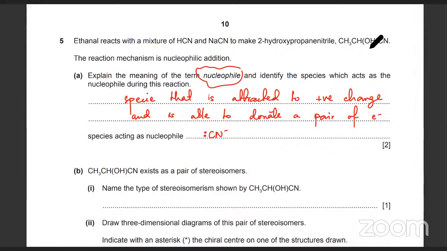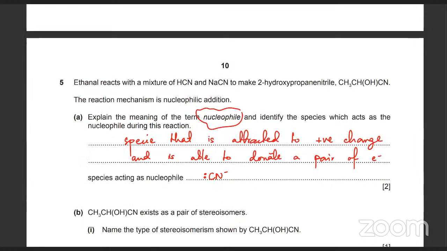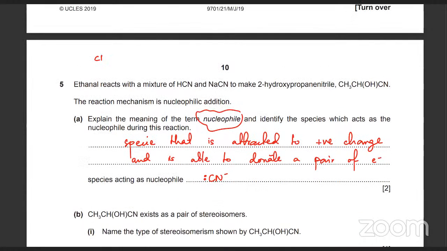If you look at the whole mechanism, it's ethanal. Remember you have to learn this mechanism as well. CH3 C double bond O and H. The carbon is positive and the oxygen is negative, it's a polar bond. So you have a CN-, which is a nucleophile coming from NaCN, that gets attracted to the carbon, which is positive.